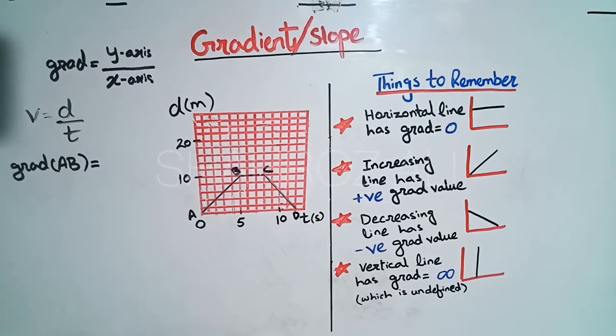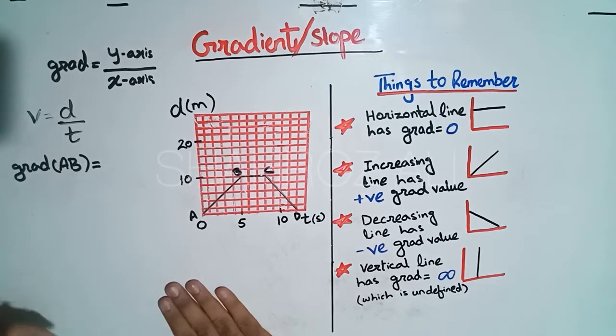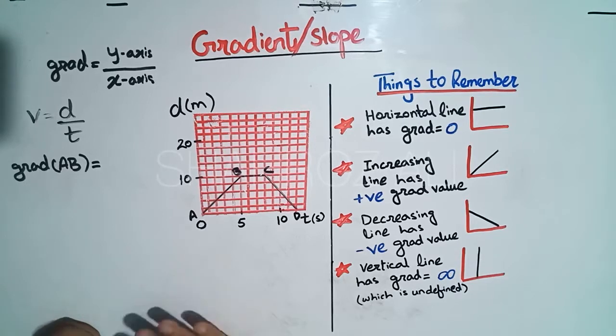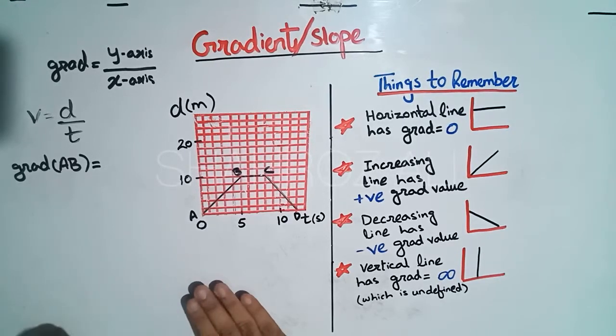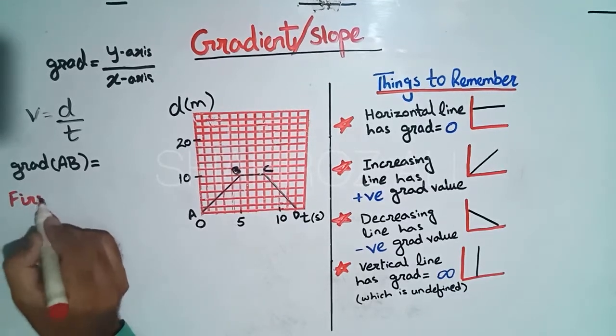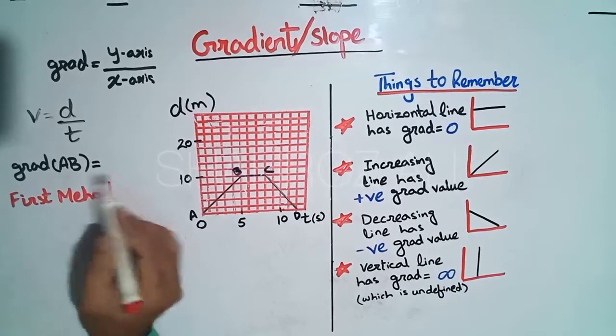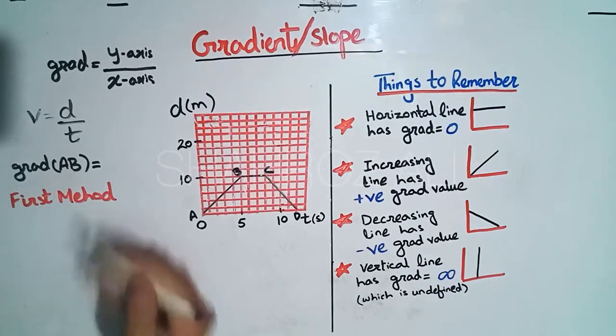We have two methods, students. The first method is that we collect the values from both axes, x-axis and y-axis, and then put them into the formula, and that will give the velocity or speed that we want to find. So the first method: we want to find the gradient of AB.